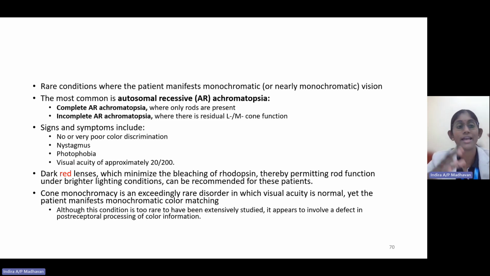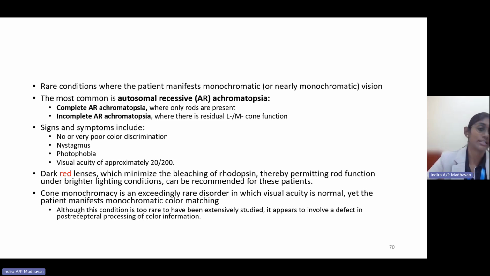They have two types of achromatopsia: one is complete, another one is incomplete. Complete means they have rods only; they don't have cones in their retina. Incomplete achromatopsia means they have some residual long and medium wavelength sensitive cones.